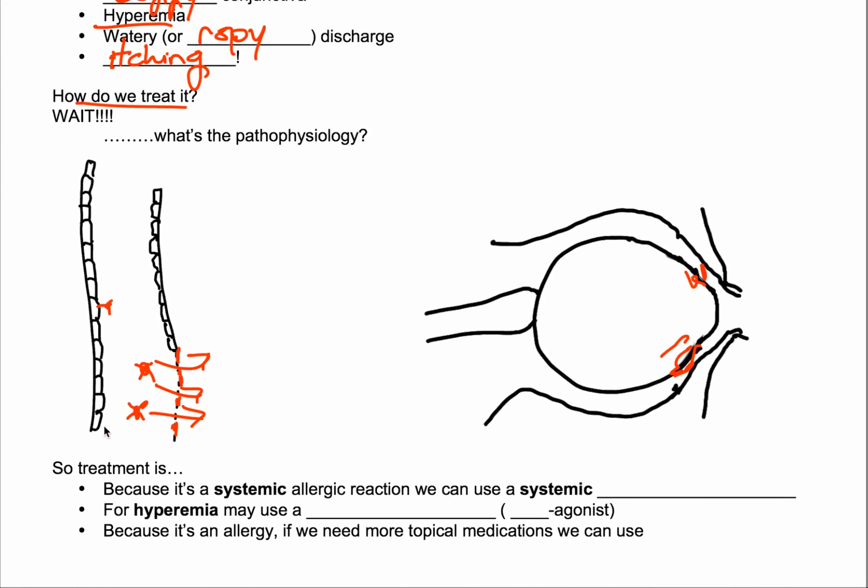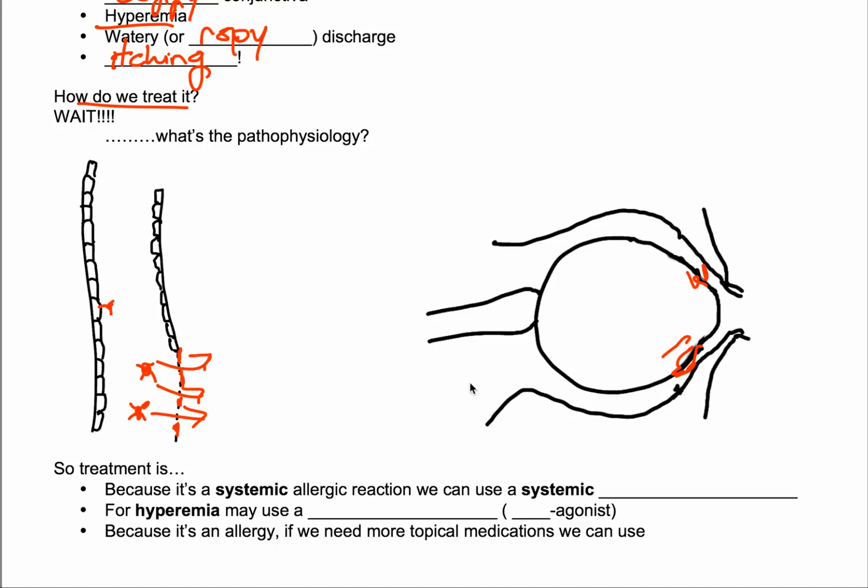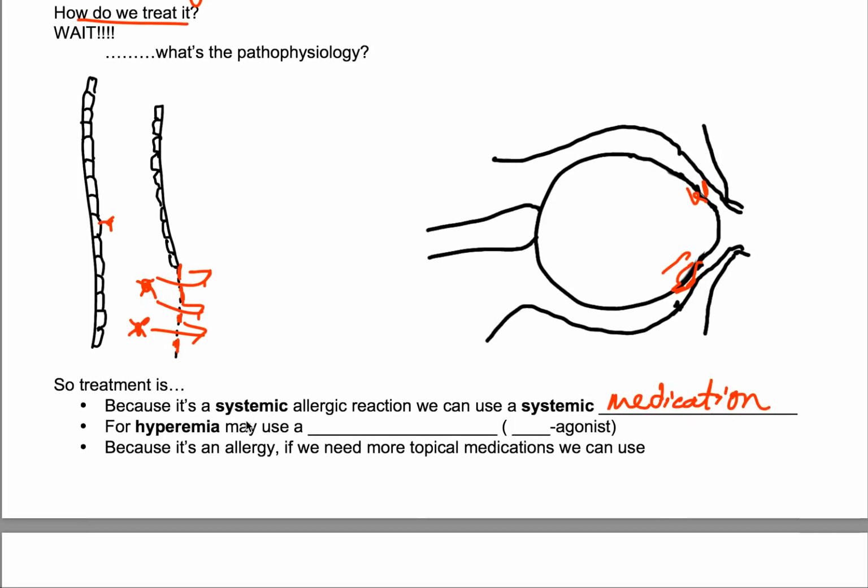Again, that's why we actually see increased redness in that conjunctivitis. Now, because we're dealing with a systemic allergen causing this reaction, we want to use a systemic medication. And to deal with the hyperemia in particular, we may actually use a vasoconstrictor. Specifically, you can use an alpha 1 agonist to constrict blood vessels.